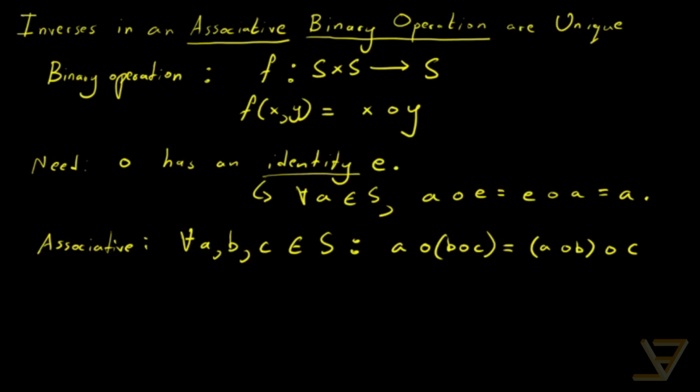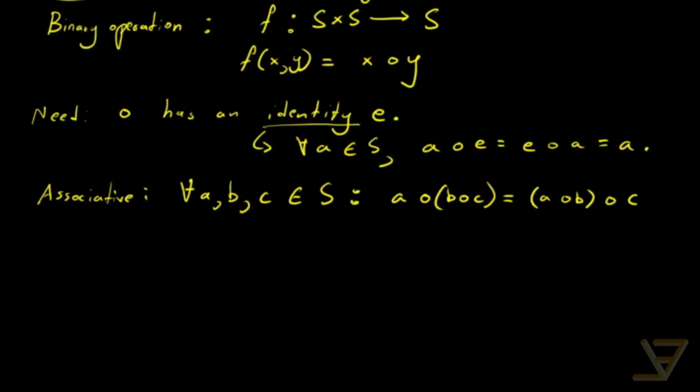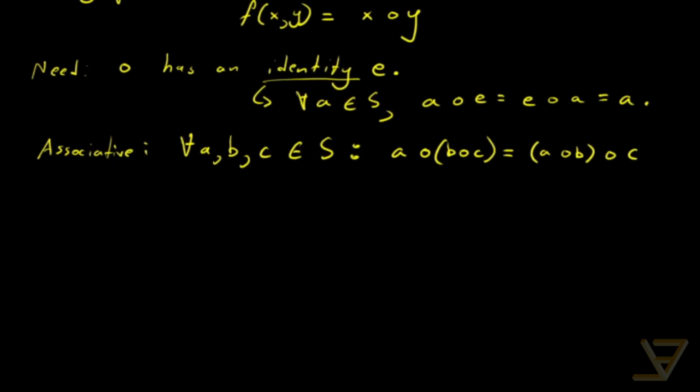Now that we have associativity down, I want to talk about what inverses are. In fact, there are two types of inverses that come together to form general inverses.